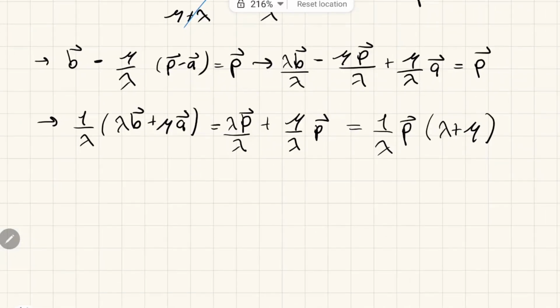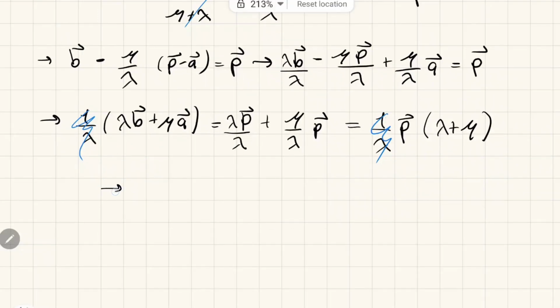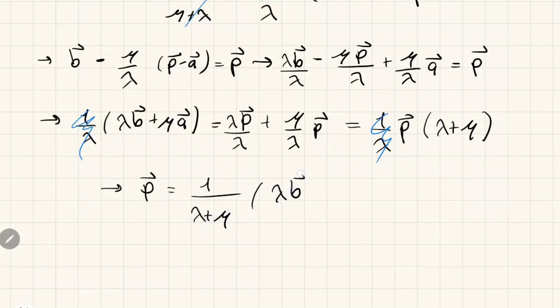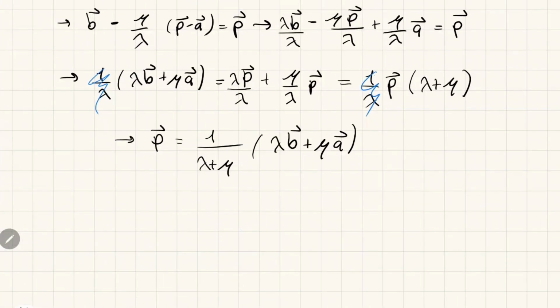Comparing both sides of the equation, we can cancel the 1 divided by lambda on both sides to get that P is equal to 1 divided by lambda plus mu times lambda B plus mu A. And this is known as the ratio theorem. It's just splitting a segment AB of a triangle in a certain proportion.